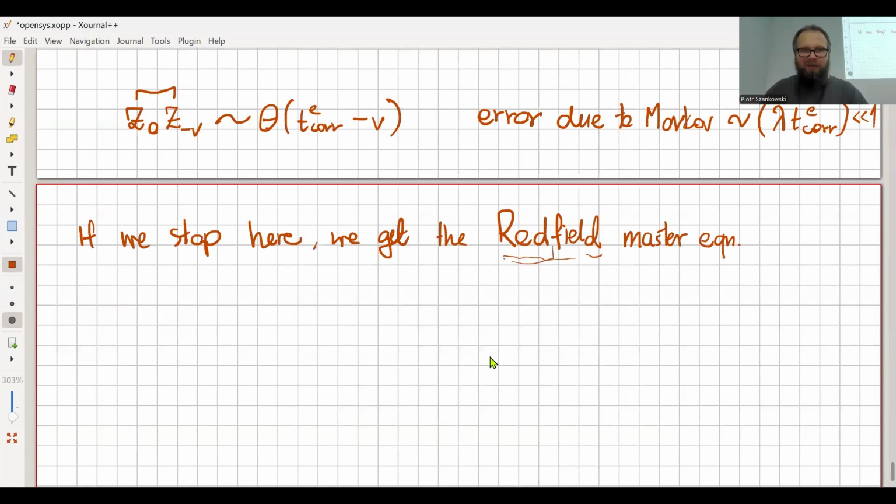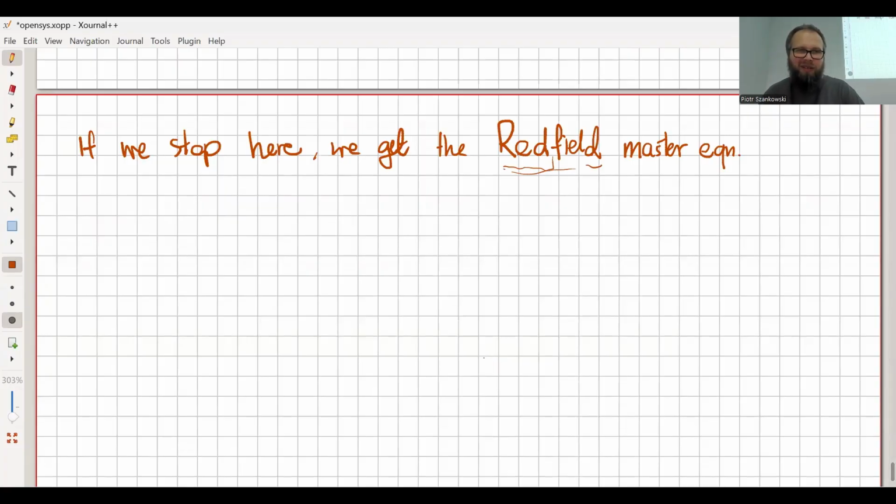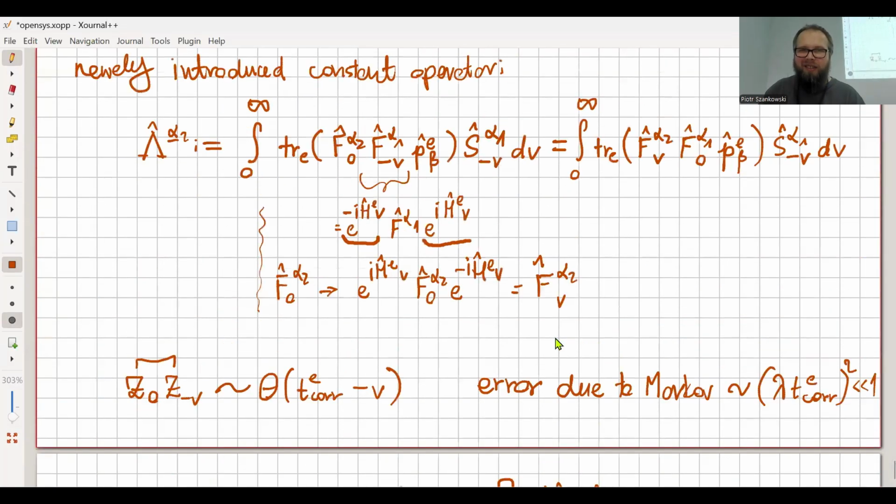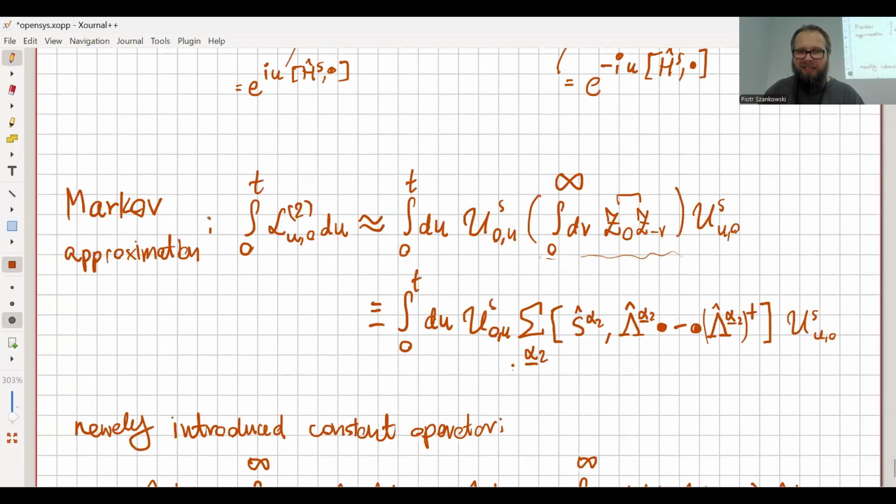So what is the Redfield master equation? If we define the Redfield generator, let's call it L_red, it would be this thing here.